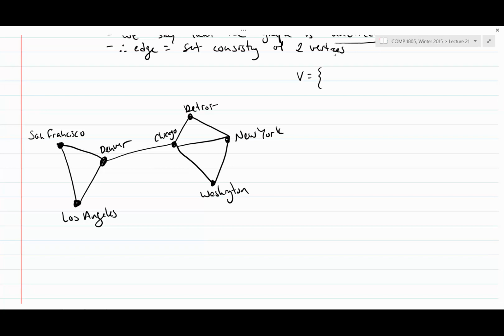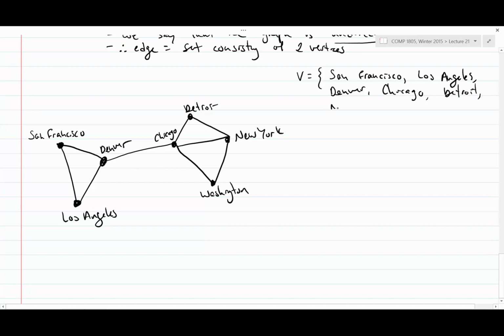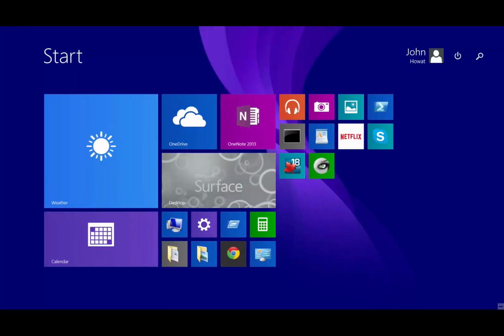So V might be the set San Francisco, Los Angeles, Denver, Chicago, Detroit, New York, and Washington.